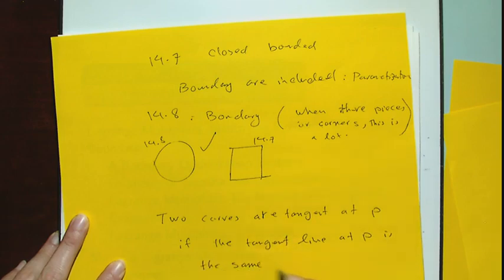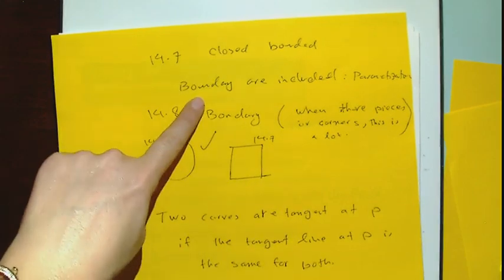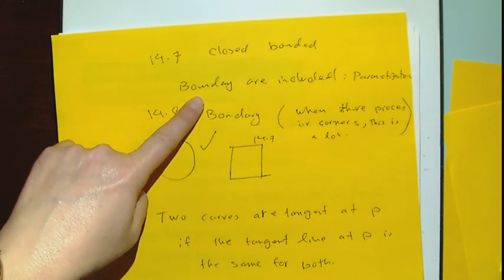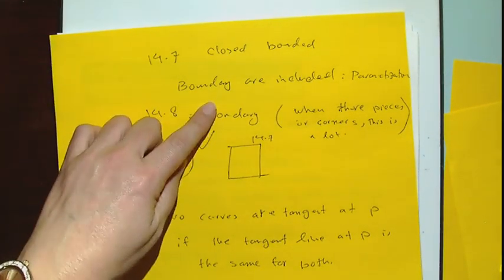Now, the method of Lagrange multipliers actually uses the fact that if you have a local extrema on the boundary, the function, boundary is also called what?